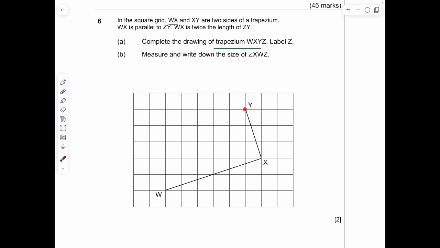Therefore, if I move down by 1 and 3, 1, 2, 3, it will be this triangle. So this is where the line is supposed to be drawn.